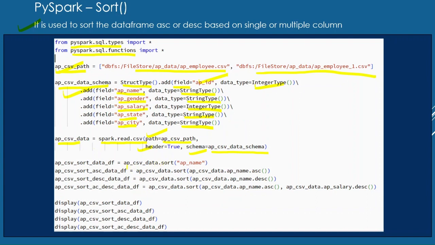Here we are sorting the data frame based on the column AP name and storing this sorting in this data frame. Here we can see we are sorting with the help of the AP name column in ascending order. Here we are sorting AP underscore name in descending order.